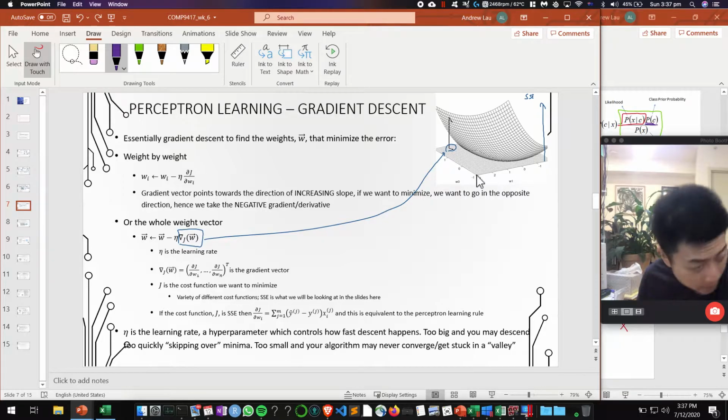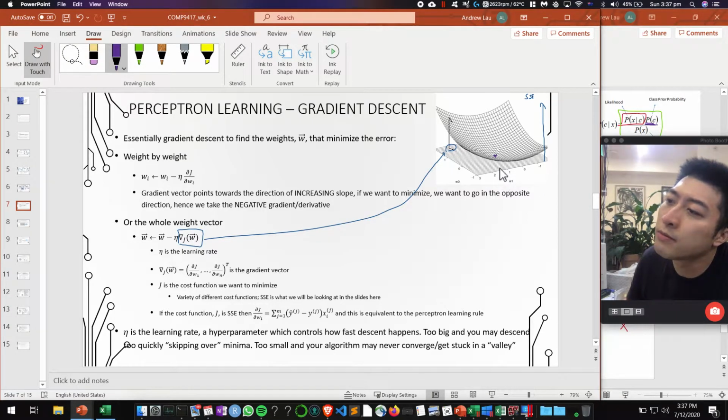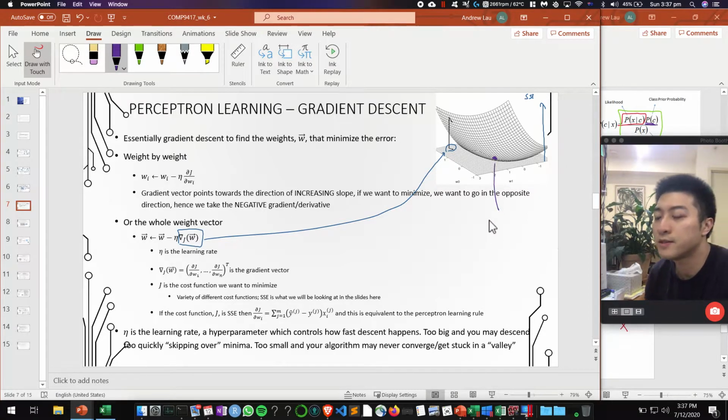Weight 1 applies to feature 1. Weight 0 is a bias term, but let's say there are two weights we can tweak. Our goal is to get to the bottom here, the global minimum.